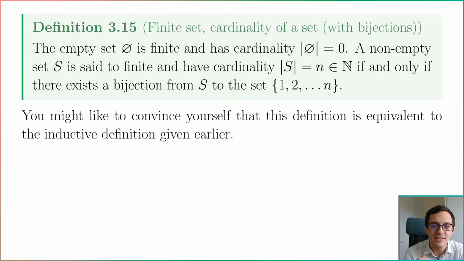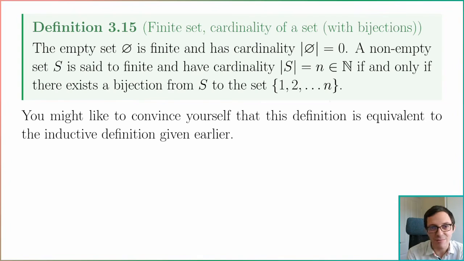The empty set is defined to be finite and have cardinality 0, like we said before. And a non-empty set is said to be finite with cardinality n if and only if there exists a bijection from your set to the set 1, 2, 3, 4, 5 up to n. So if there's a bijection from S to those numbers, then we say that your set has cardinality n.